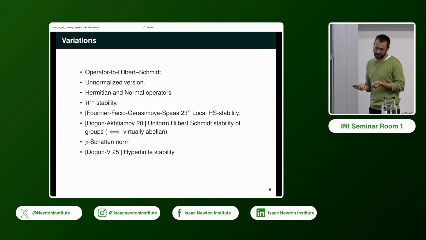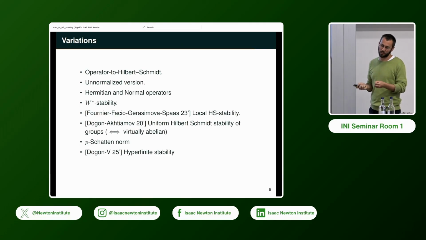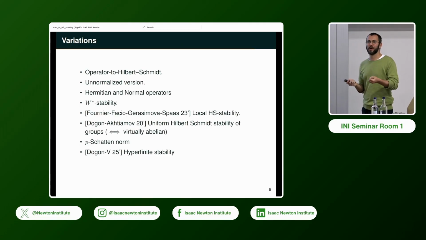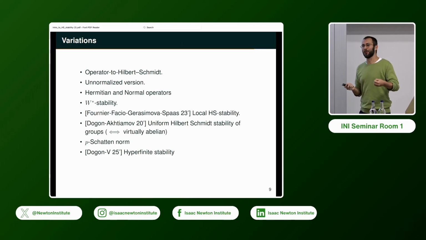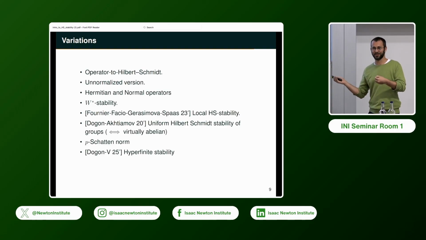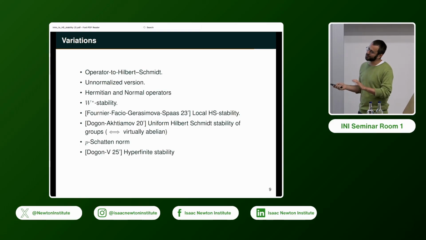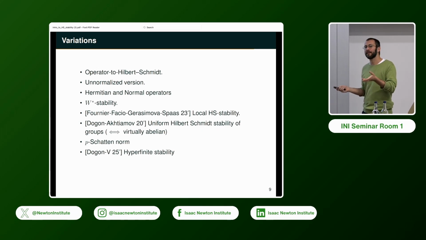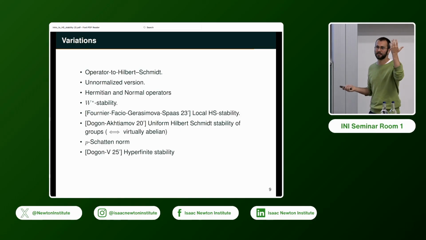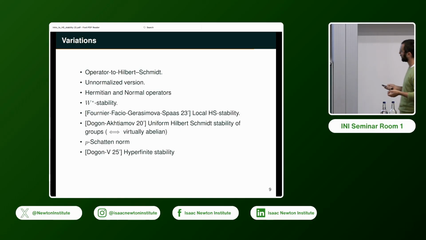There's a notion called weak stability, where you only require correcting not all almost representations, but only the ones that are hyperlinear approximations, only the ones that are asymptotically injective. Here it's the same thing in a different way: you only need to correct almost representations that are in some sense hyperfinite, and one way to define it is that in the limit they generate a hyperfinite von Neumann algebra.